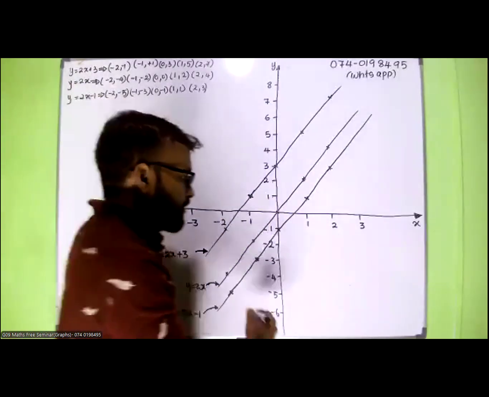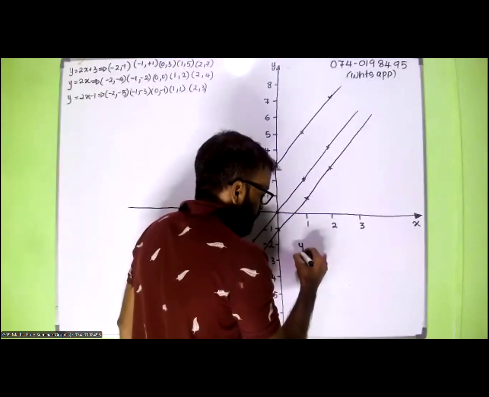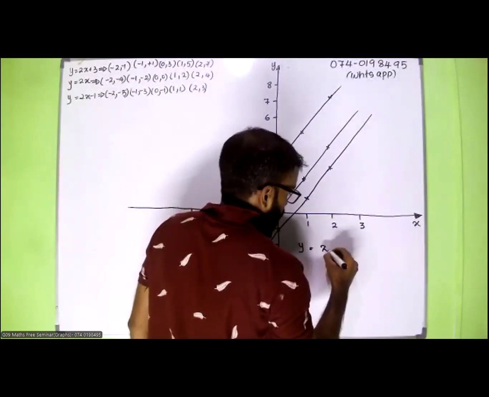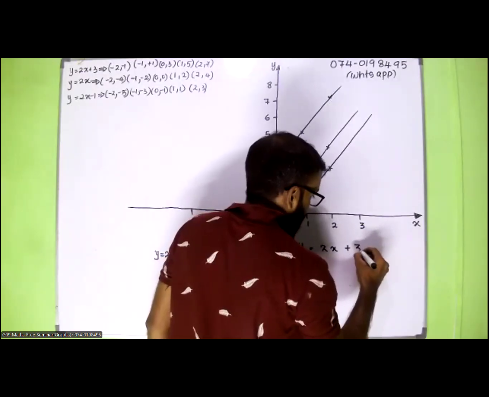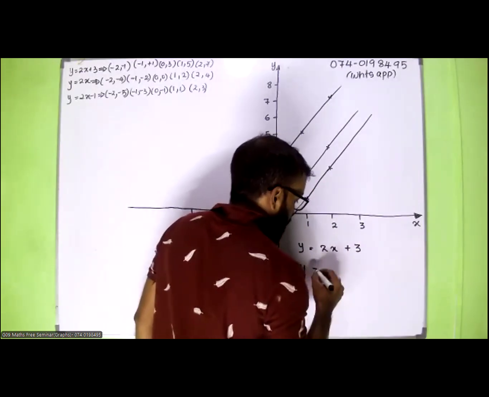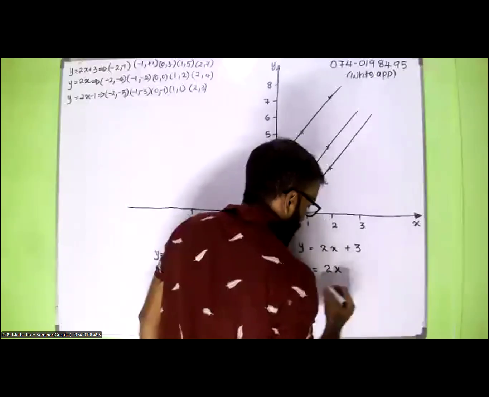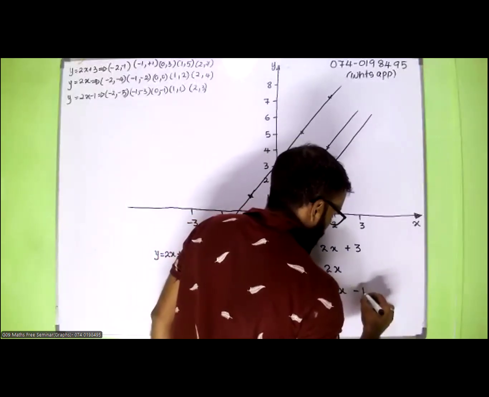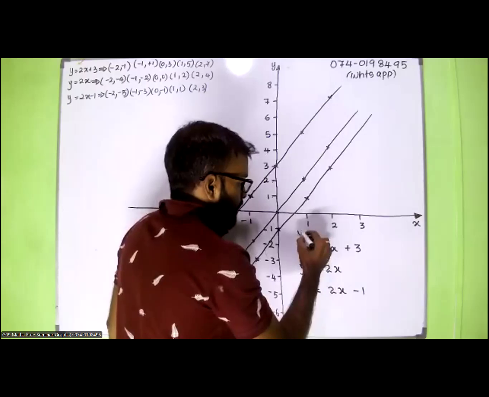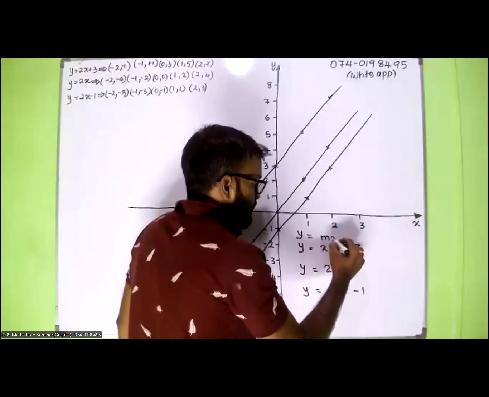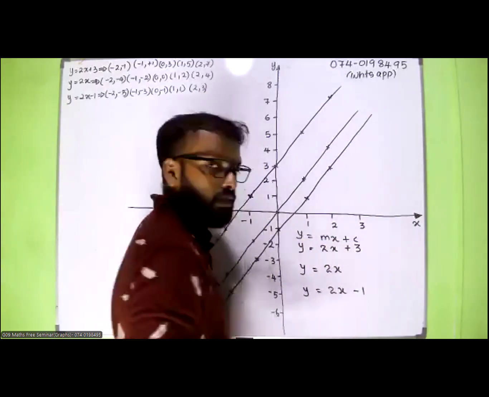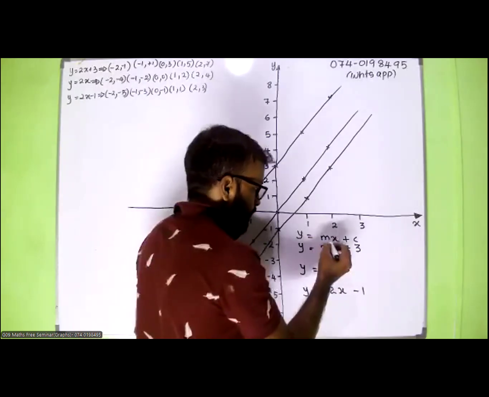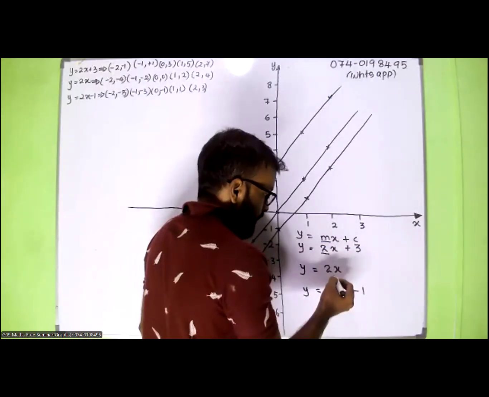If you consider the three functions, as I mentioned in the important point, in the form y equals mx plus c, what can you say about m? m is the same.